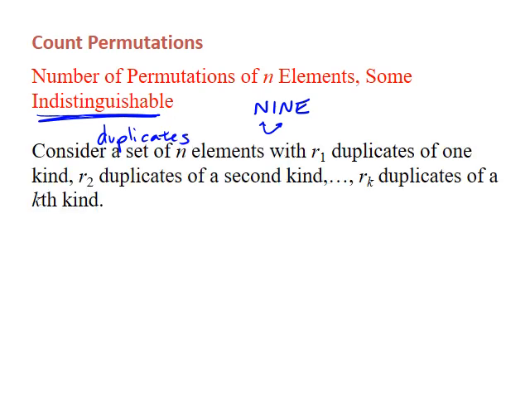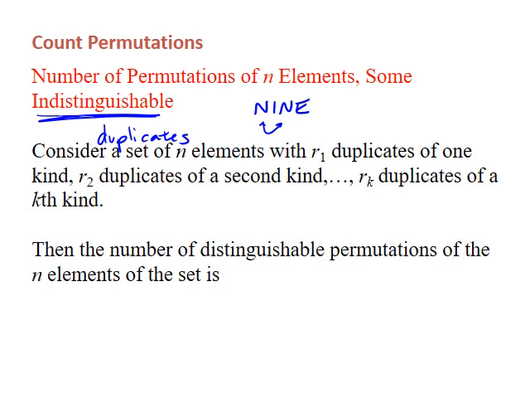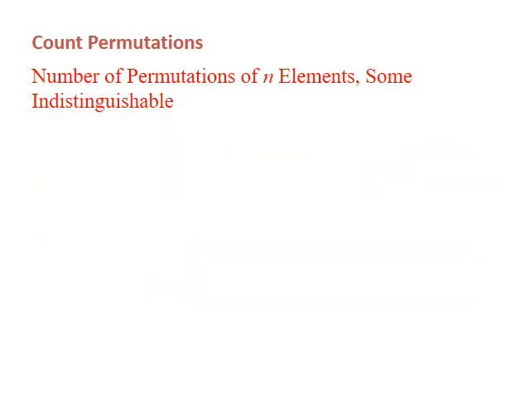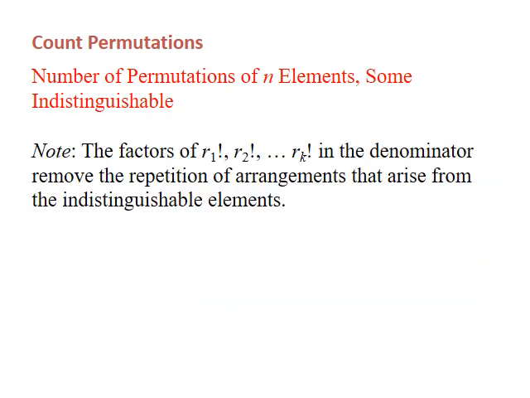And if there are duplicates, we need to eliminate those, or remove those somehow. And the way we remove those duplicates is in this manner. So whatever our duplicates are, they will go down here. And that basically tells us how to remove that repetition or those duplicates.